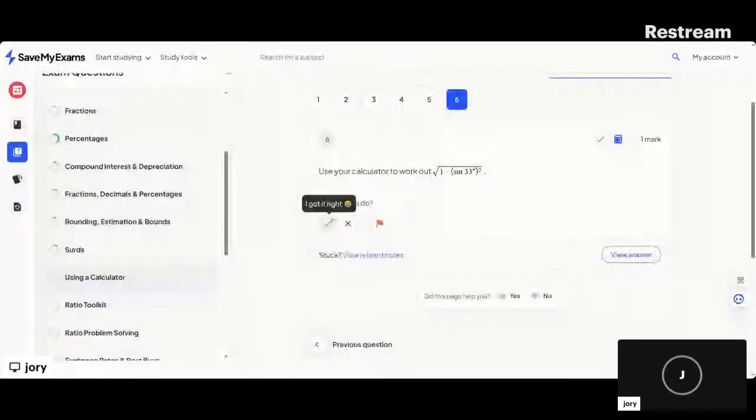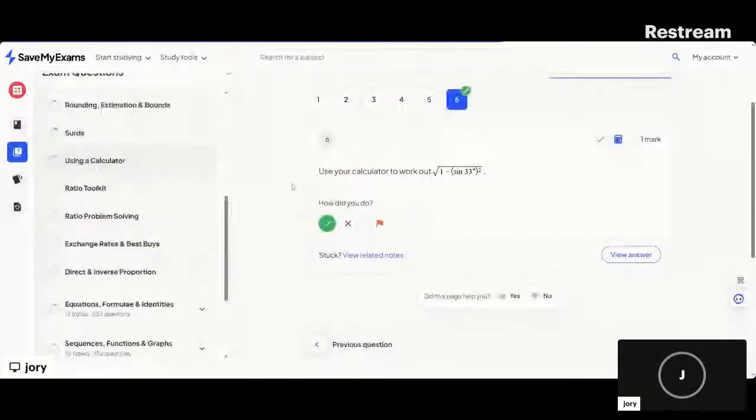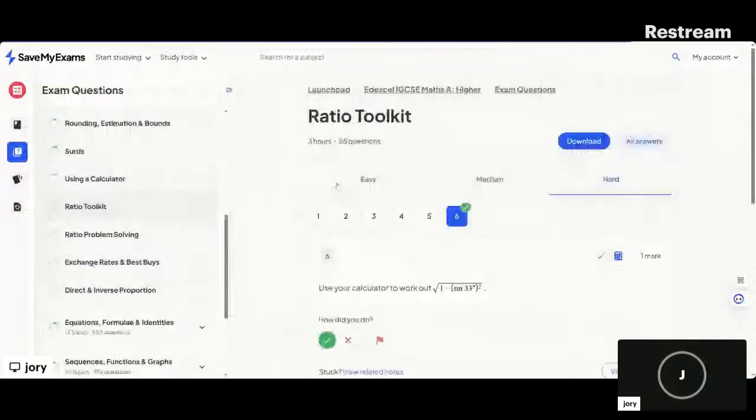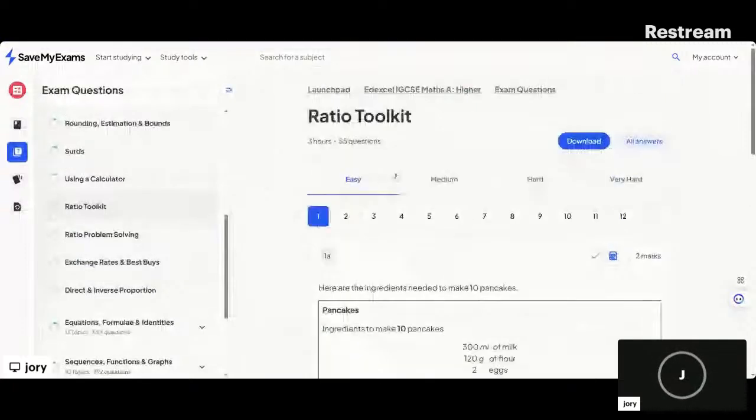I should check how many significant figures. I'm skipping this. How many significant figures? Did I write this on my help paper? I need to ask my teachers how many significant figures I should write because I have no idea. One time it wants it in 2, one time it wants it in 3. How do I know?